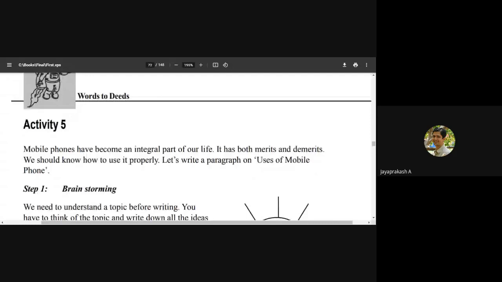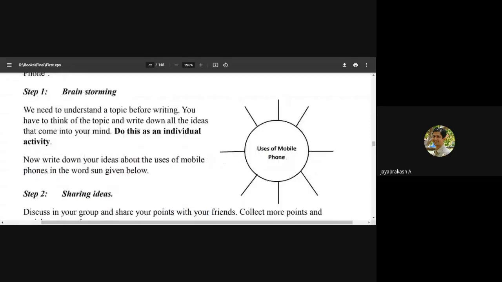See, this is the first step, that is brainstorm. As Rajalakshmi said, we need to understand the topic before we write. We have to think about the topic. And then what should you do? We should write down those ideas that come to your mind. There is a diagram which you can see on the right hand side.